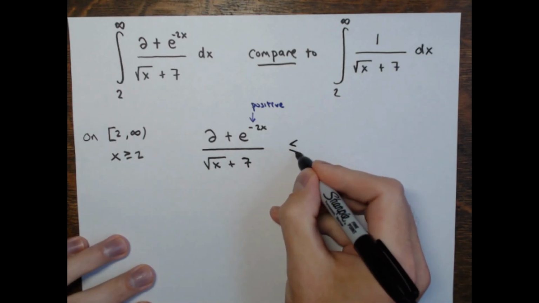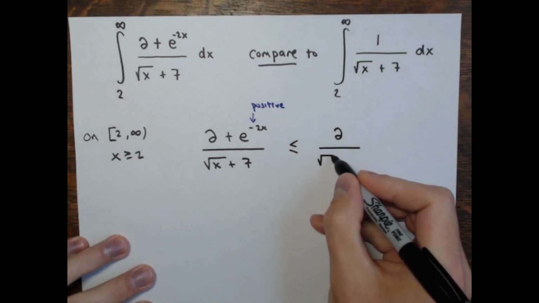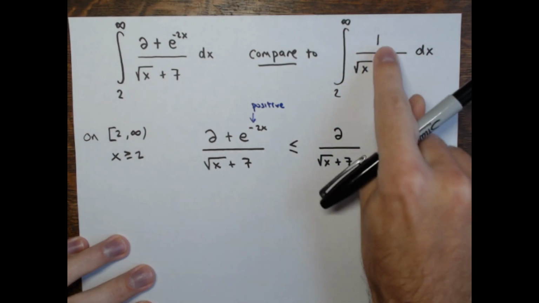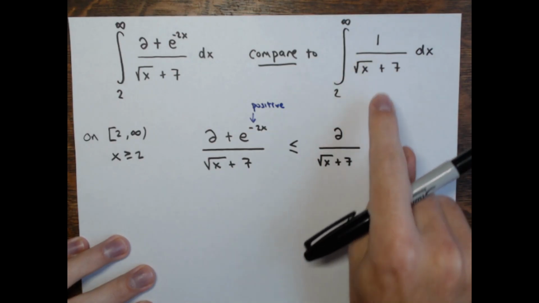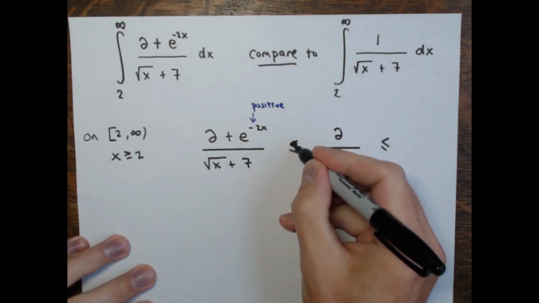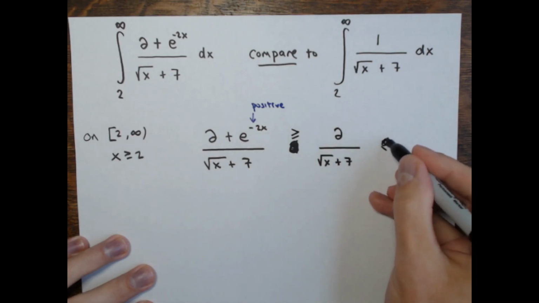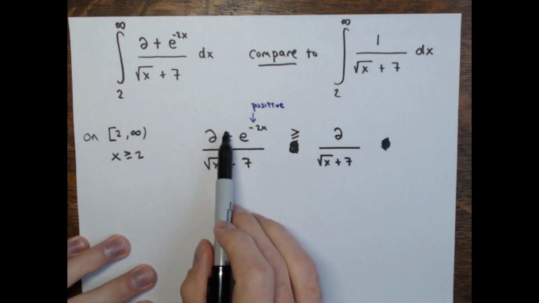So this should be greater than or equal to 2 over the square root of x plus 7. Again, if I turn 2 into 1, it's going to make the fraction smaller, meaning my original fraction was bigger.